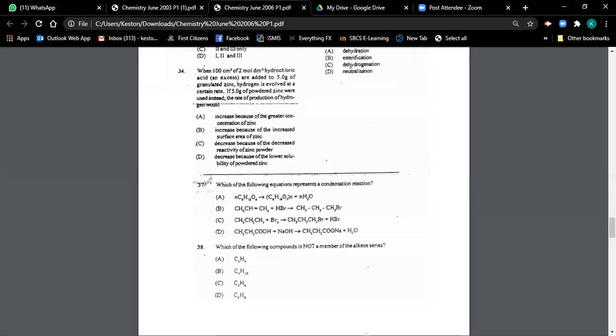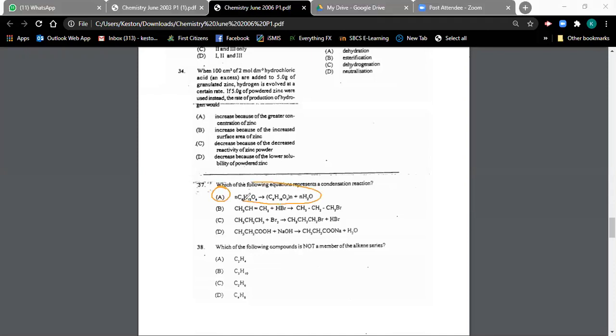Why not, just out of curiosity, right? Why not D? Why D is not the answer? D is an example of what?